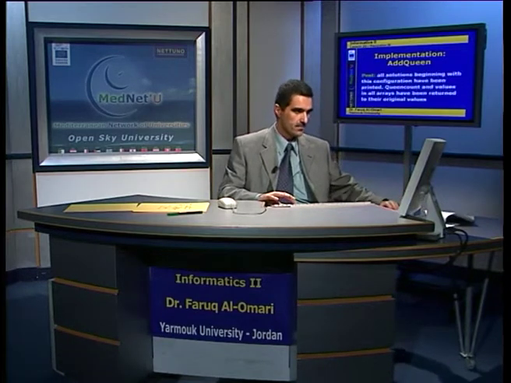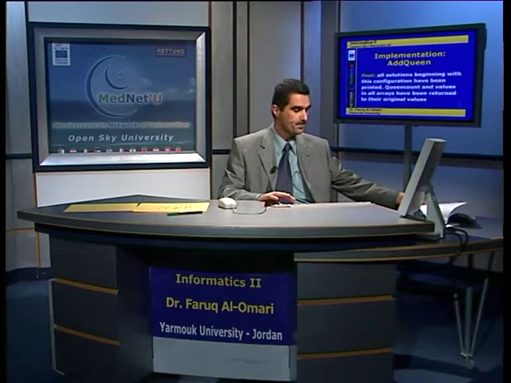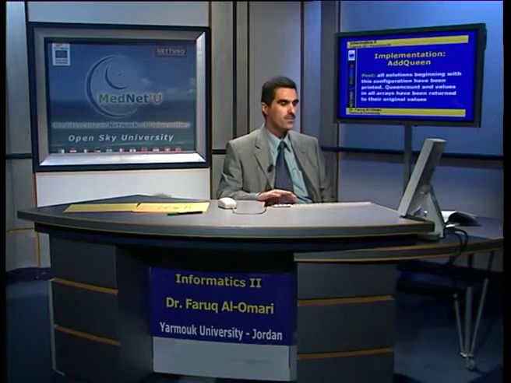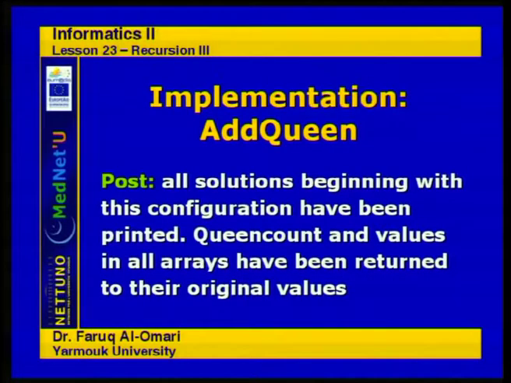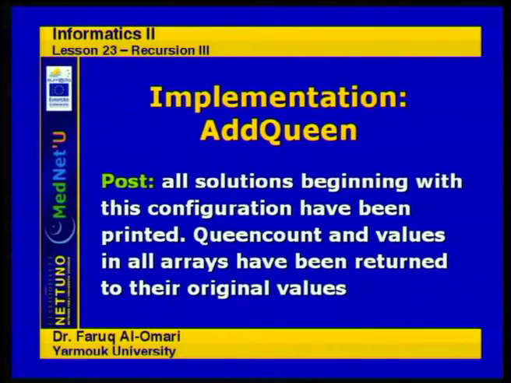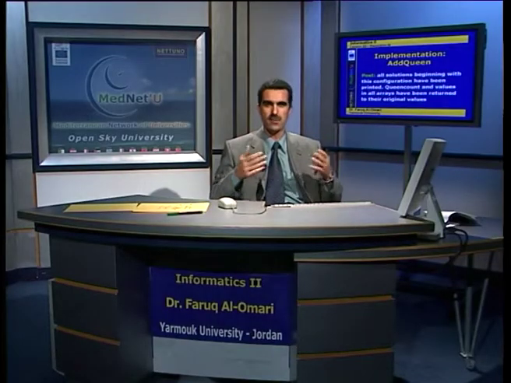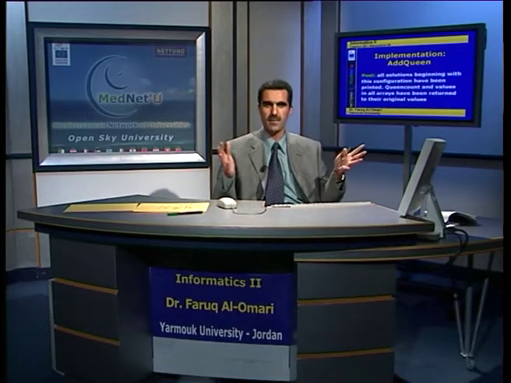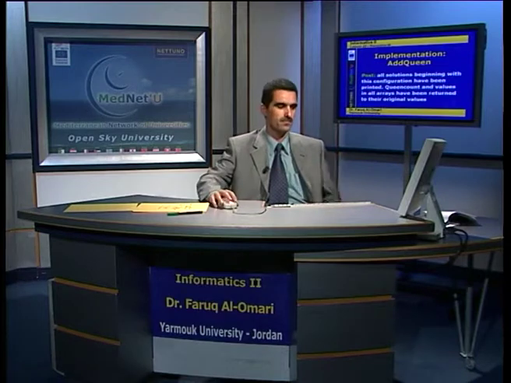All right. Post condition. Well, the post condition: all solutions beginning with this configuration have been printed. So all solutions will be printed to the screen. Queen count and all other values that we have used for our arrays and this add function are going to be initialized, like the column free, diagonal free, up and down, returned back to the initial state of true.